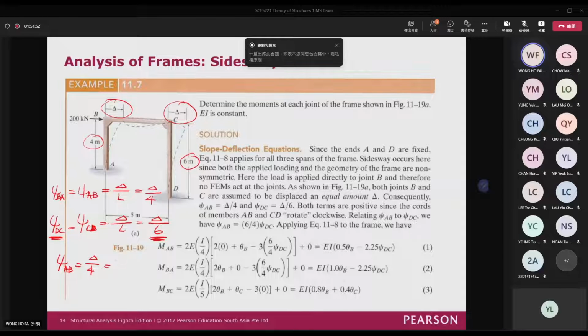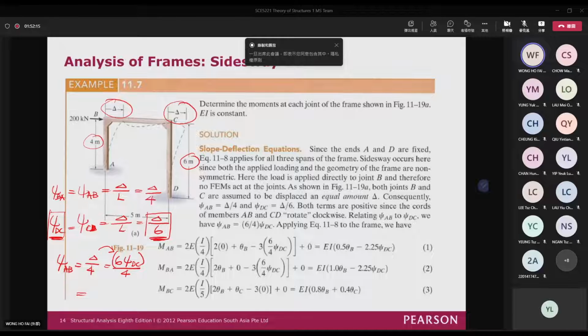So delta is equal to 6 times phi DC. I just substitute this one, because you can see that these two are equal, right? So 6 times phi DC is equal to delta. So I can say that phi AB is equal to 6 over 4 phi DC.